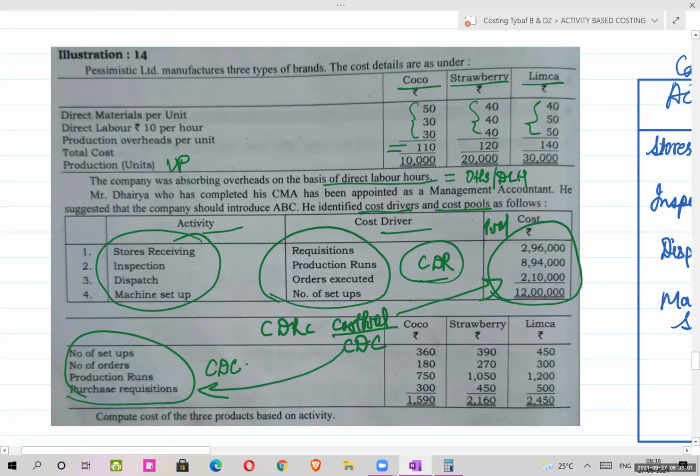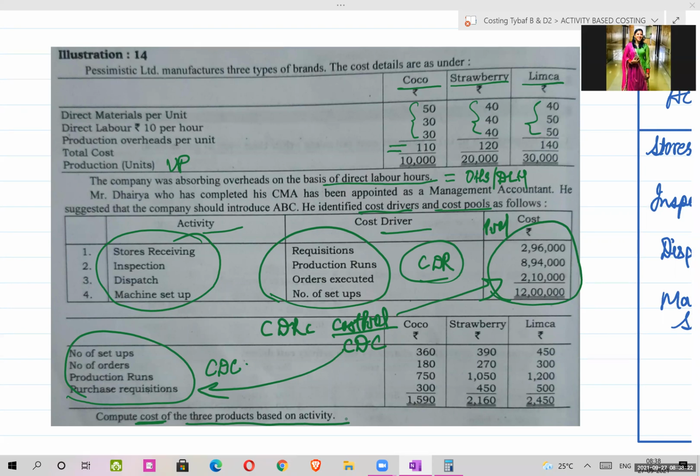Am I clear about this? They have told you to calculate the total cost, which we also call cost price, of the 3 products based on their activity, that is, the ABCS system. Is the question clear to everyone? Okay, fine. Thank you.